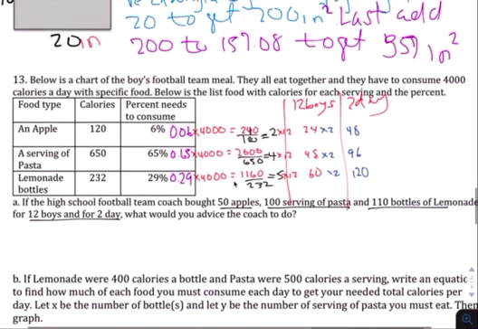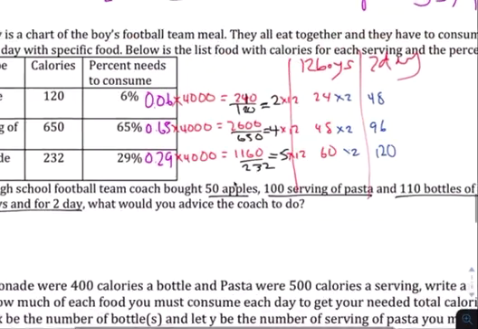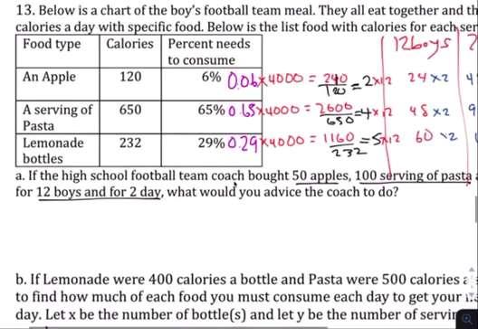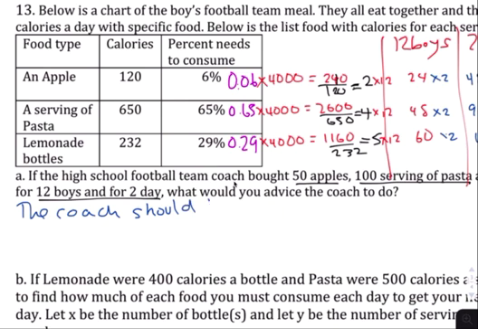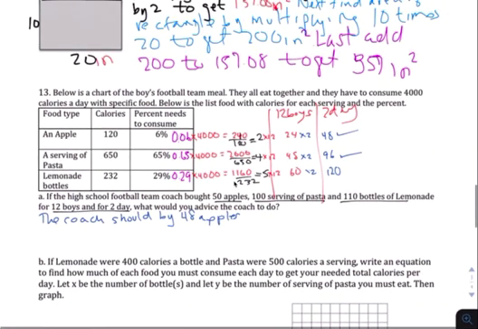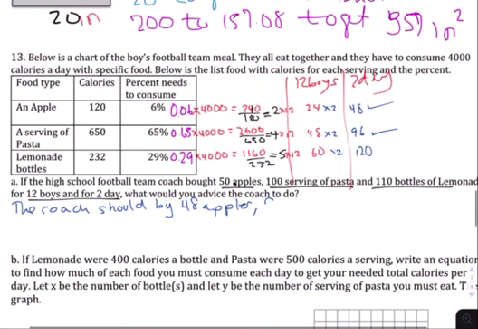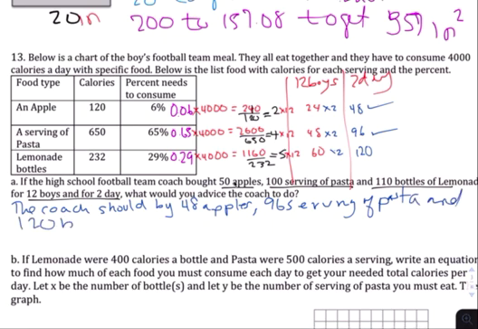Okay, so the coach should buy 48 apples, 96 servings of pasta, and 120 bottles of lemonade.